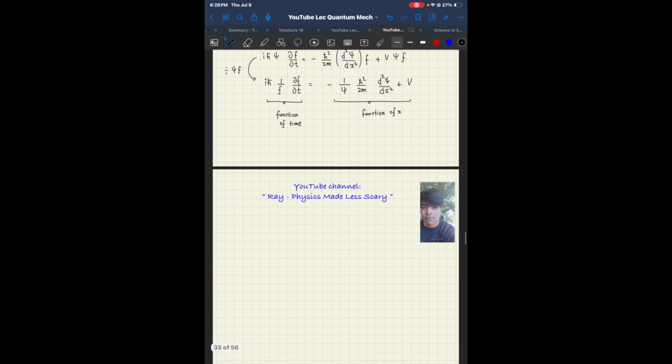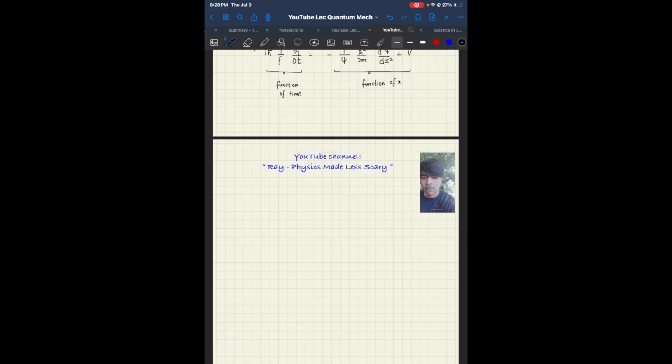And that can only happen... So the structure, for example, is some capital F of x is equal to some capital G of t, right? This is the structure. And immediately you know that this can happen only if either side is actually constant, right?